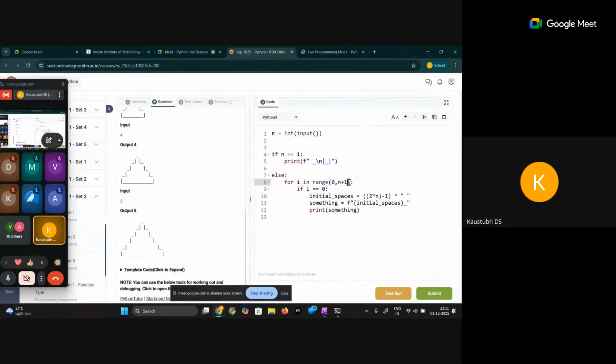If the range is from 0 to n plus 1, the last value of i will be n, because range stops one before the end point. The end point is n plus 1, so one before it is n. That will be our final line.